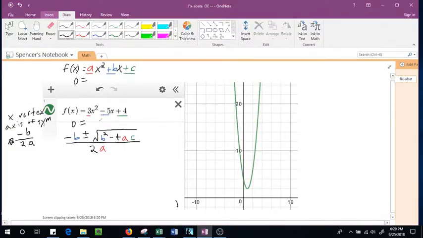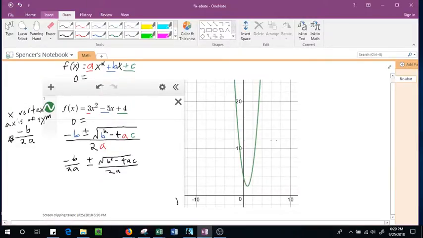So if we're gonna plug in here, let's do our way of doing it. So we're gonna have negative b over 2a plus or minus the square root of b squared minus 4ac all over 2a. We'll scroll down a little bit here. And then we can plug in our values, right? So we have 3, negative 5, and 4 representing a, b, and c.